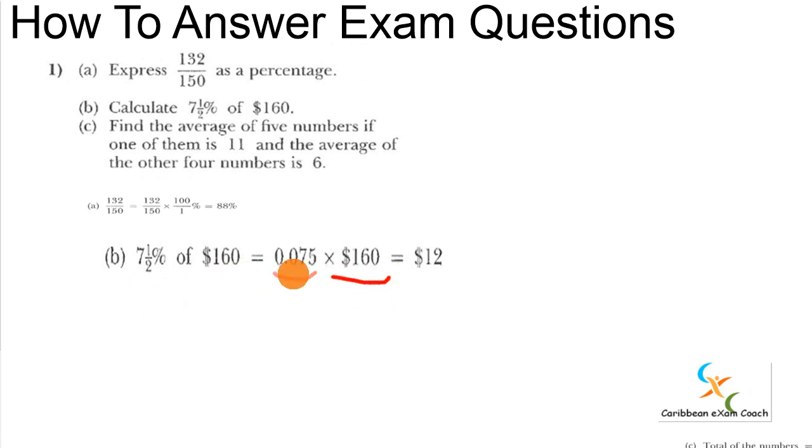When you show the examiners your work in this form, you'll get full marks for each question, rather than just jotting down the answer. Now let's look at another example.